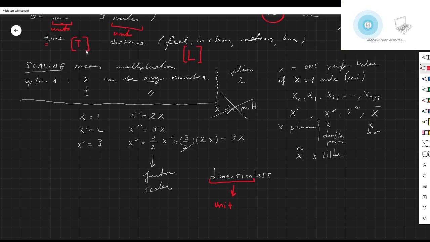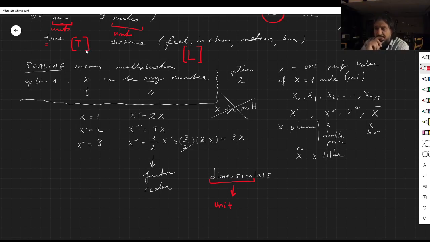Okay, so these are the dimensionless quantities, these numbers. A scalar is a dimensionless quantity. So whenever you multiply a dimensionless quantity, a scalar, by a quantity that has a dimension, you also get another number that represents the same kind of quantity with the same dimension.